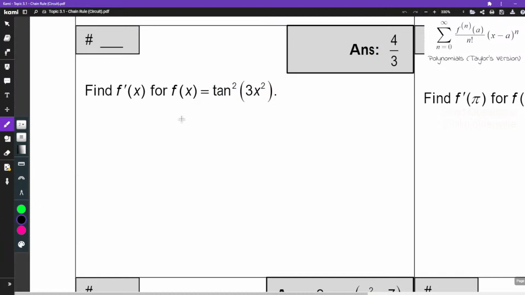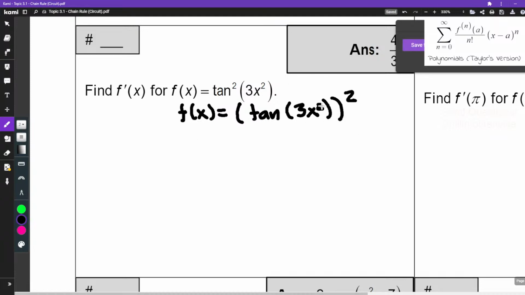we have this. We always want to rewrite these functions. Like that. And then we look at it and say, okay, this problem would be a lot easier if this didn't exist.